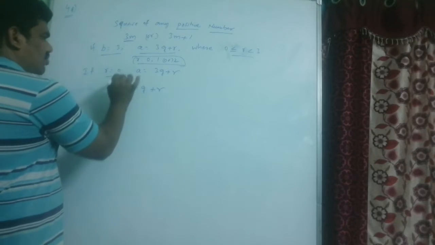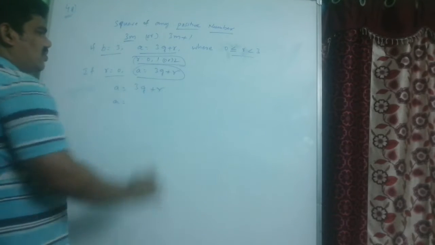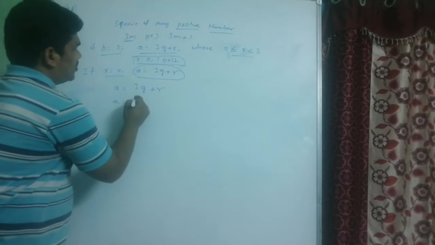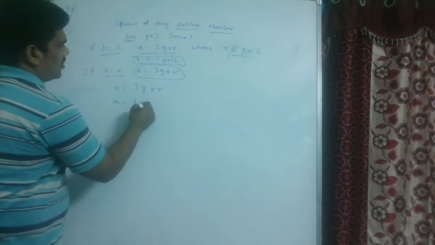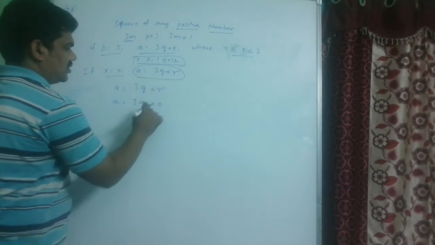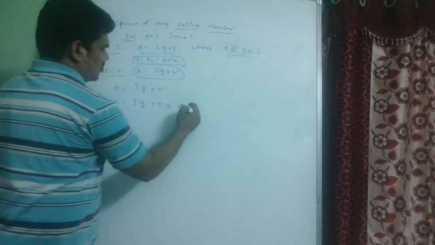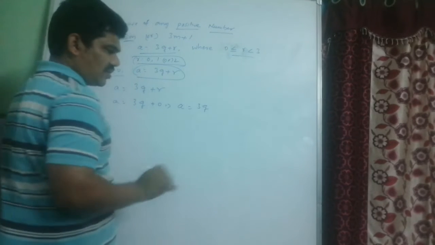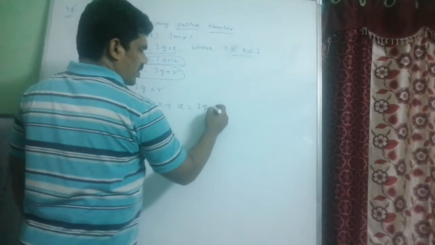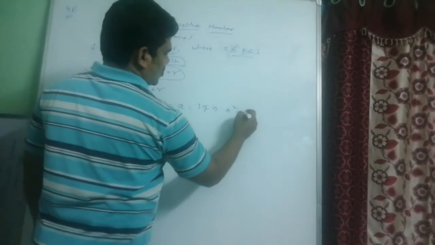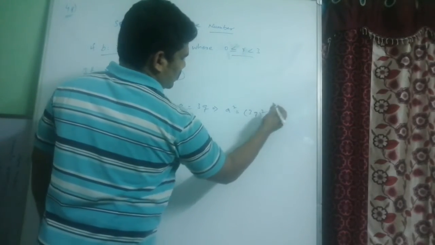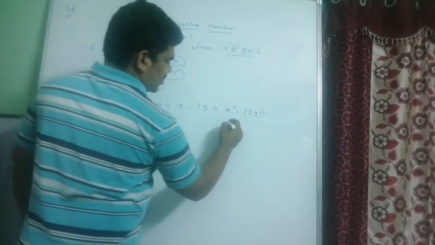So first, r equal to 0 in the equation a equal to 3q plus r. So a equal to 3q. Square on both sides.